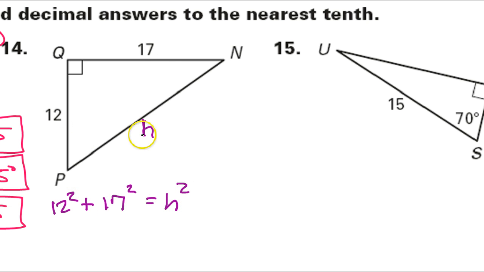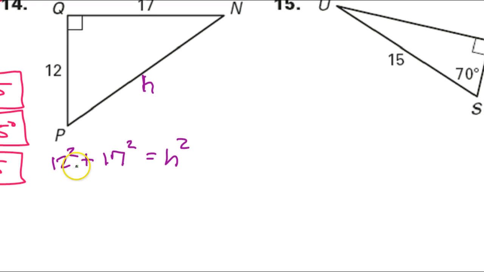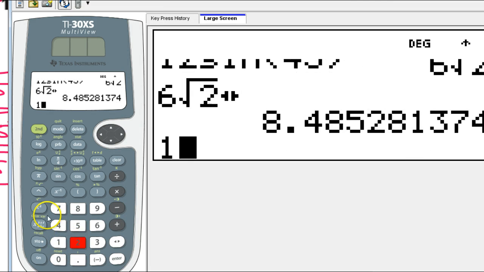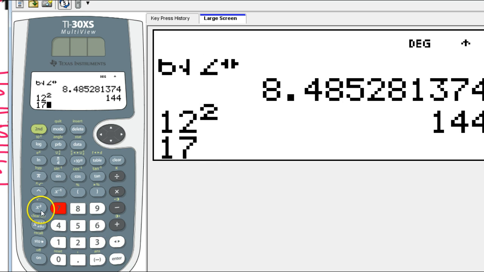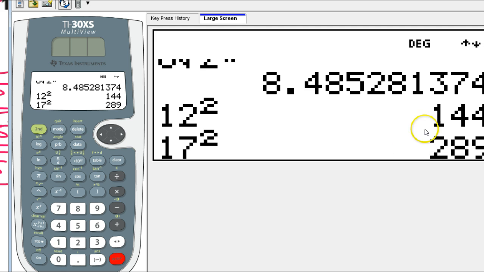A squared plus b squared equals c squared. Okay, let's see. So 12 squared, 17 squared. So this is 144 plus 289 is equal to h squared. Right, 12 squared, 17 squared. That's where I'm getting those numbers from.